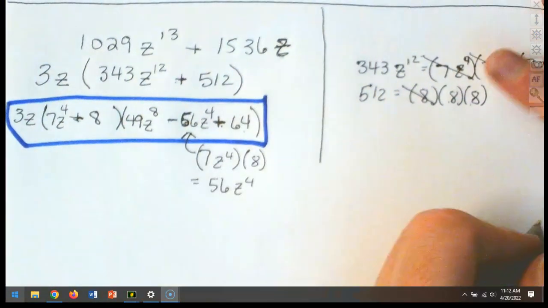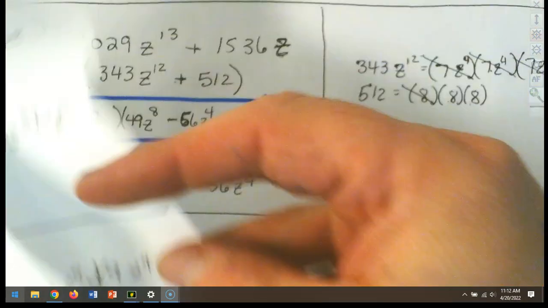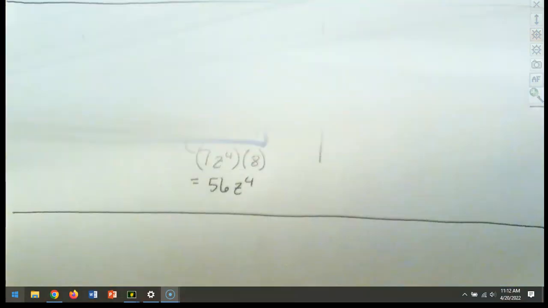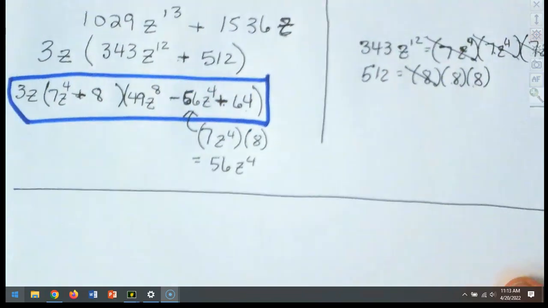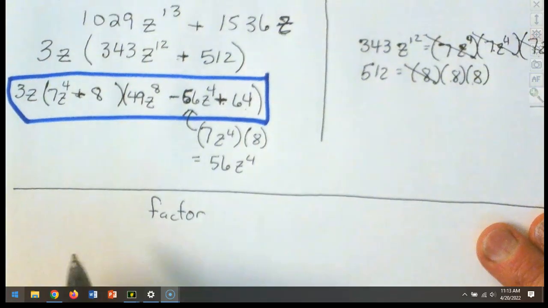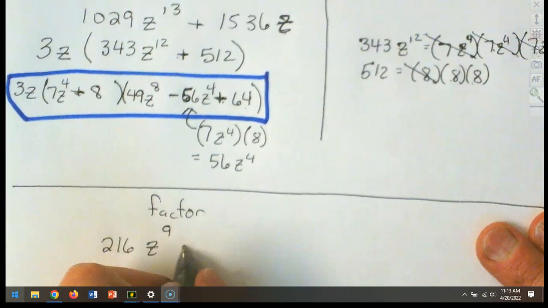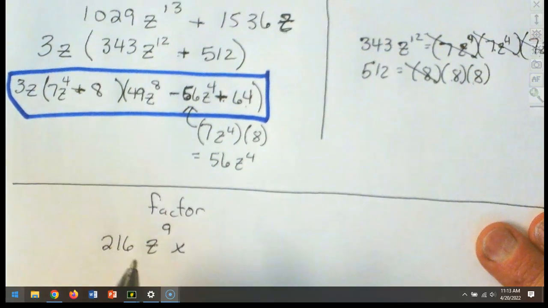Let's do another one. And let's just do one more. Come up with a good cube here again. How about we try and factor 216 z to the 9th x to the 6th power, and let's do a minus.